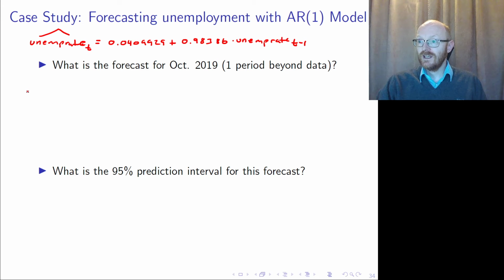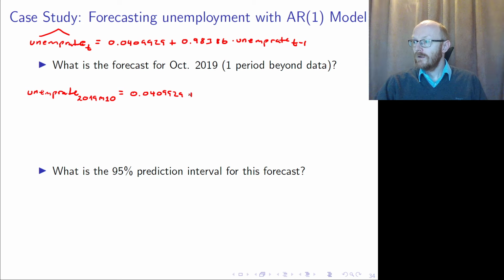How can we use it? We want to forecast the unemployment rate for 2019 month 10, which is equal to the intercept plus the slope times the unemployment rate for 2019 month 9.